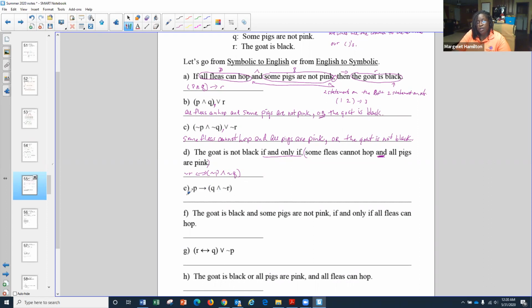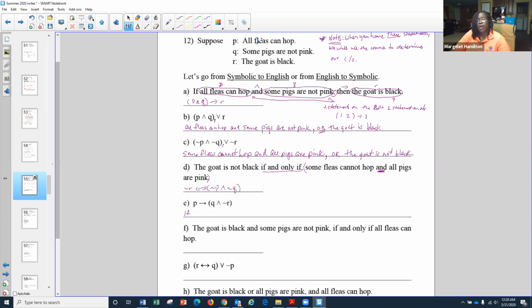So we know we're going to start off with if what? If all fleas can hop, comma. Then our parentheses stuff is coming. Then what?